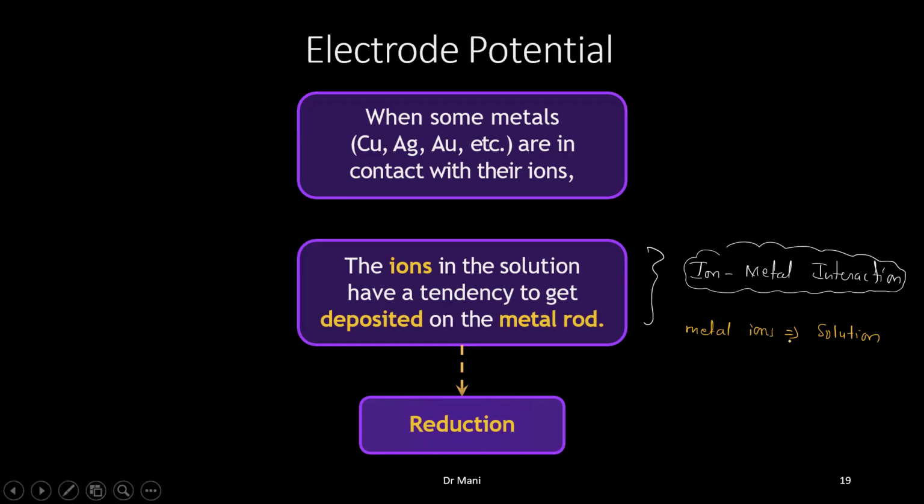Once the metal has donated the electrons, these are taken up and converted into ions, reduced. Once they are reduced, they will not keep them with them. They will carry them and deposit them on the rod. So it will be a cyclic process. That's how the cyclic, continuous reaction will happen.